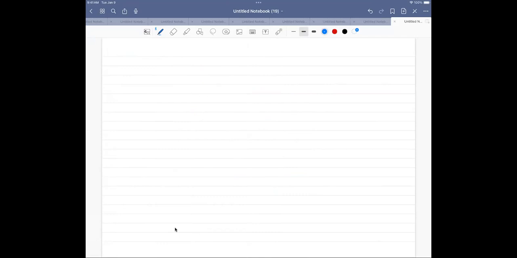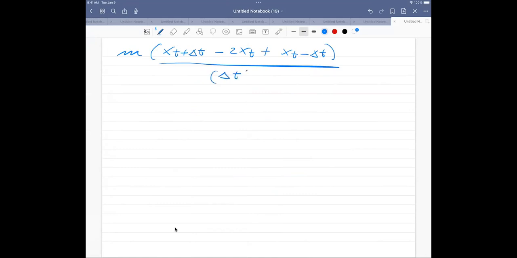And if we do that, we get simply m multiplied with x of t plus delta t minus 2x of t plus x of t minus delta t, divided by delta t squared. And then I get this term plus mu times x of t plus delta t minus x of t, divided by delta t. And this is equal to minus the gradient of V of x. So this is the gradient of the potential.